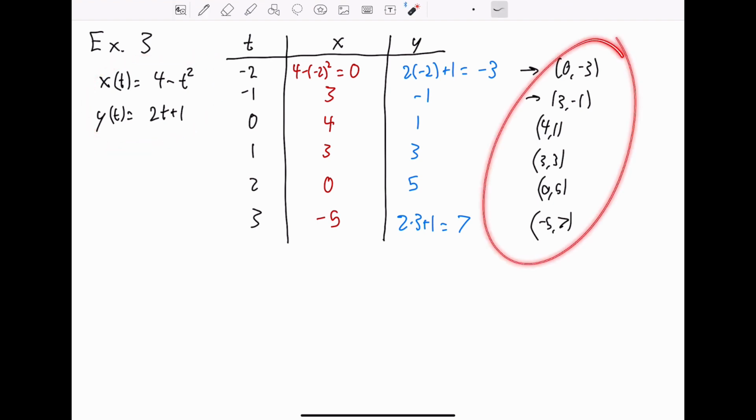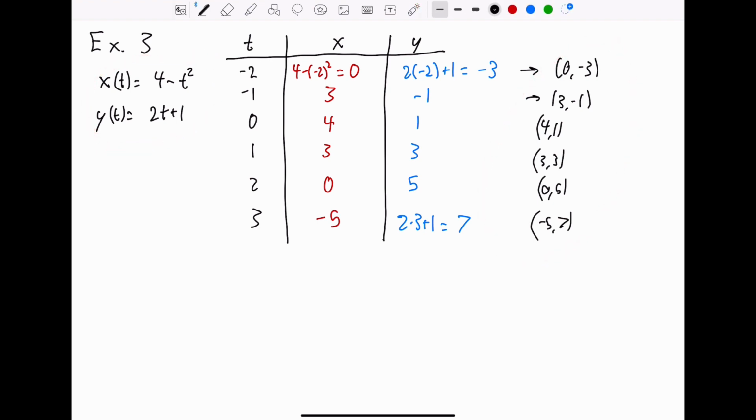Now let's use these points to plot what the parametric curve looks like. So x ranges from -5 to 3, and y ranges from -3 to 7.